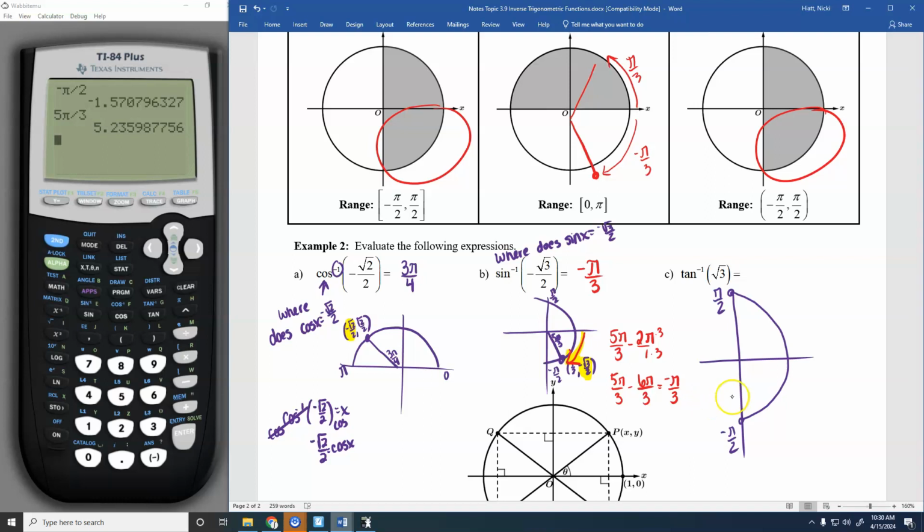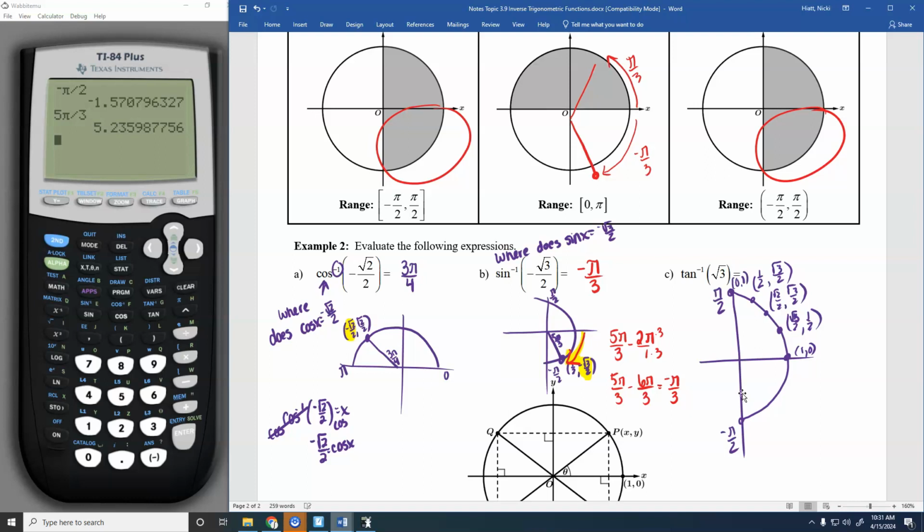I know the coordinates here are going to be 1/2, square root of 3 over 2, then square root of 2 over 2, square root of 2 over 2, and then up here square root of 3 over 2, 1/2. Or it could be right here at 1, 0 and up here at 0, 1.